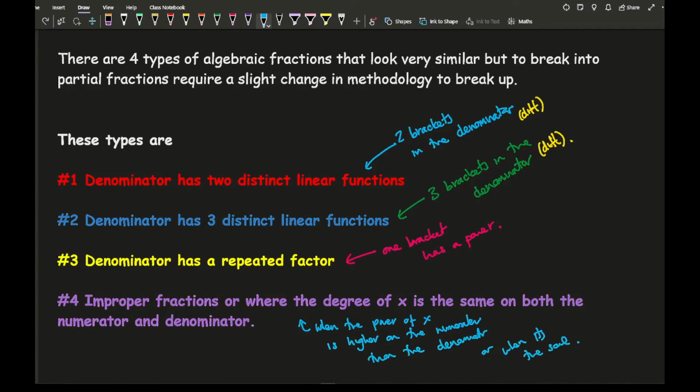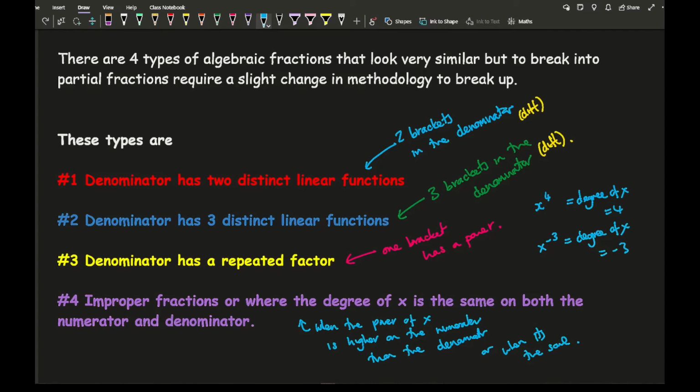Now in terms of degree of x, that basically just means the power of x. So here if I had x to the power 4, the degree of x equals 4. If I had x to the power of minus 3, then the degree of x equals minus 3. So that's what we're talking about here.